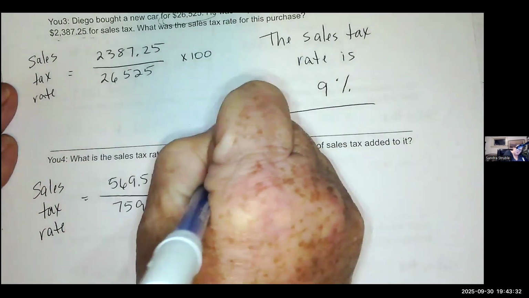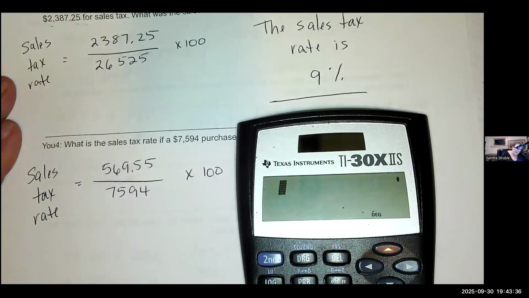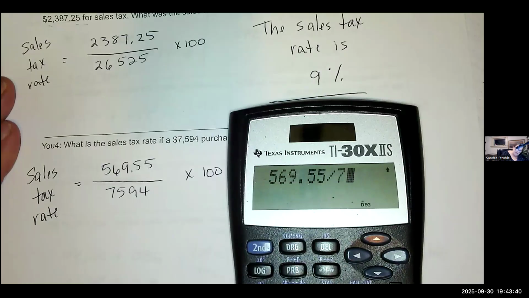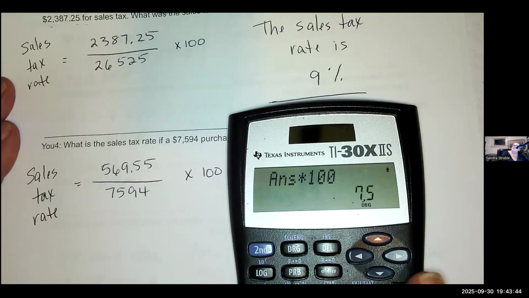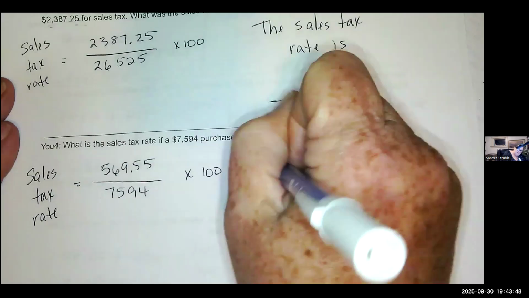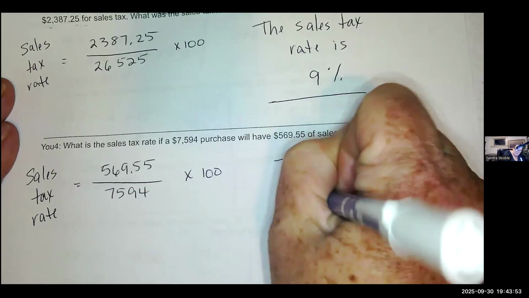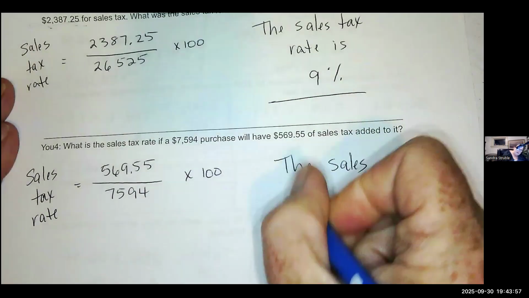And then we're going to have to multiply that by 100 to make it a percent. 569.55 divided by 7594 equals times 100 equals, and I got 7.5%. So the sales tax rate is 7.5%.